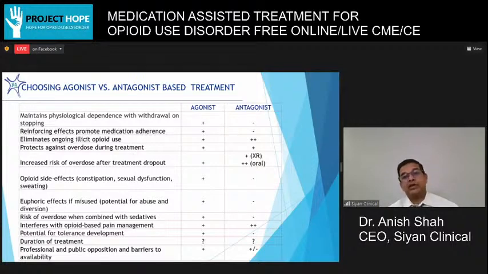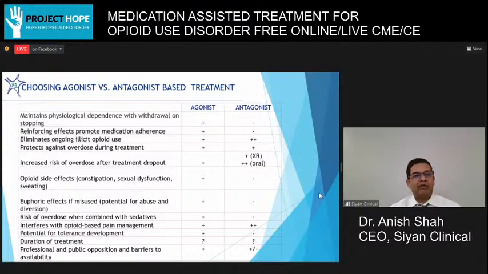Antagonists eliminate ongoing opiate use. If people are using Vivitrol shots or naltrexone tablets religiously, you are less likely to have people experimenting with other substances because they will be concerned about withdrawal or side effects and so forth. And treatment dropouts are also reduced if you are using Vivitrol injections.